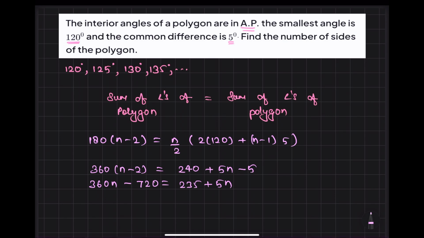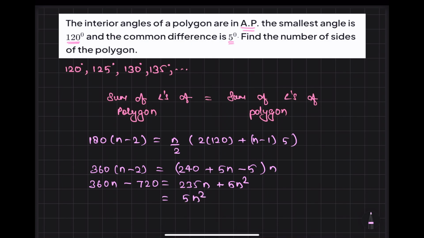Now what we have to do, we will multiply by n. Okay, we made a mistake. It has to be multiplied by n. Okay, so it is 235n plus 5n square. So this is the correct thing. Okay, now we will send everything to that side, so we will have 5n square.